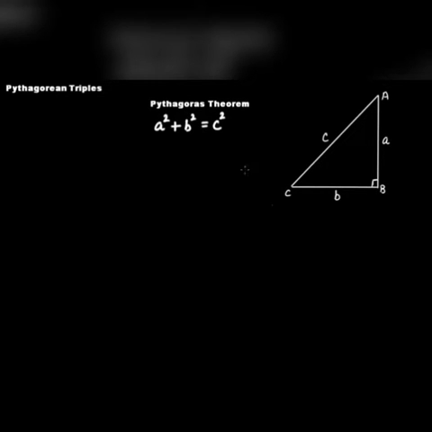If we have a set of three positive integers x, y, z, where z is the largest of these three numbers, and if x squared plus y squared is equal to z squared, if this condition gets satisfied, then this is actually pointing towards the Pythagoras theorem.